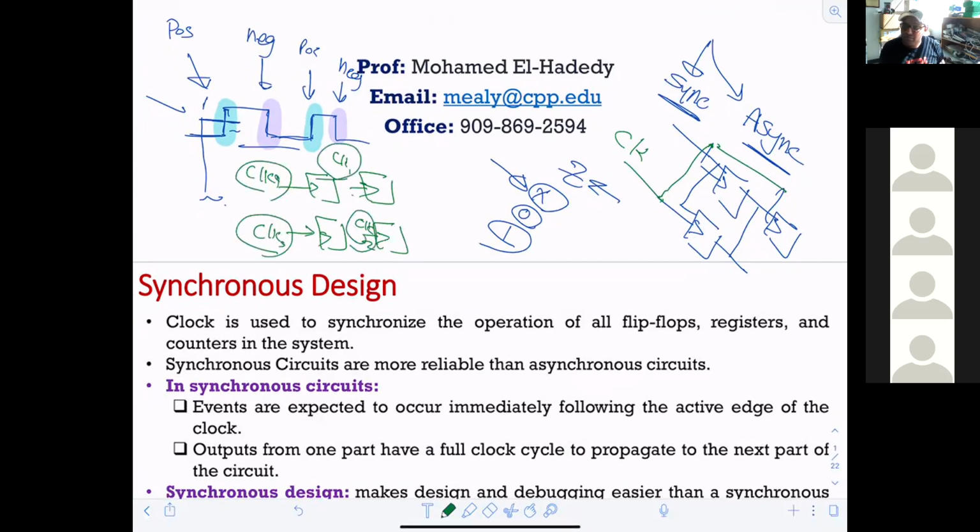Clock domain. Multi-clock domain. And this is one of the most difficult assignments you can get while you are designing a circuit.